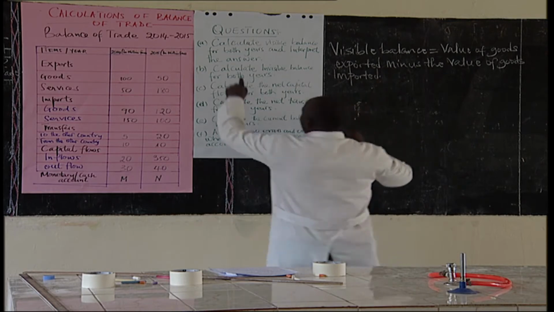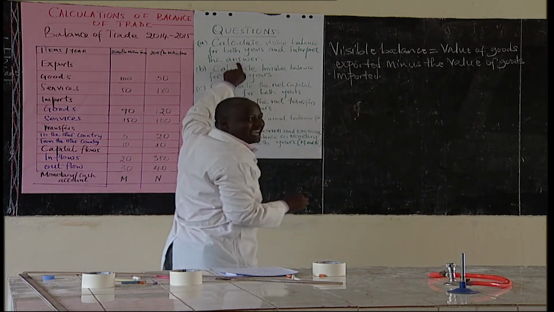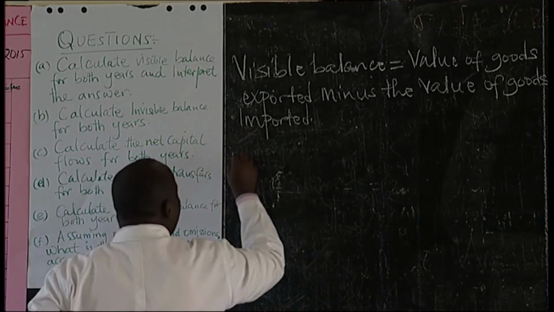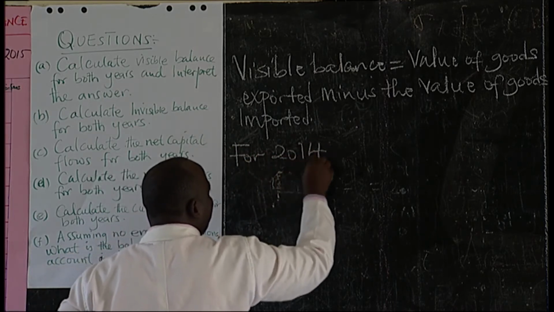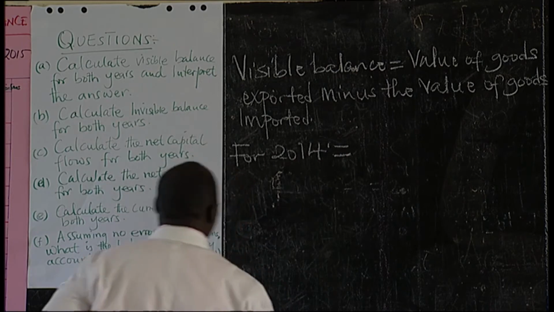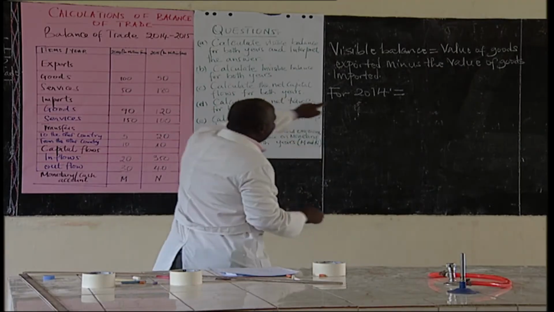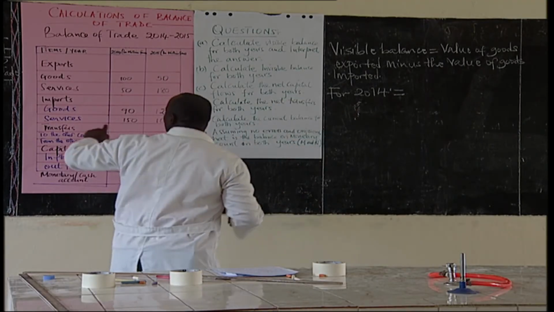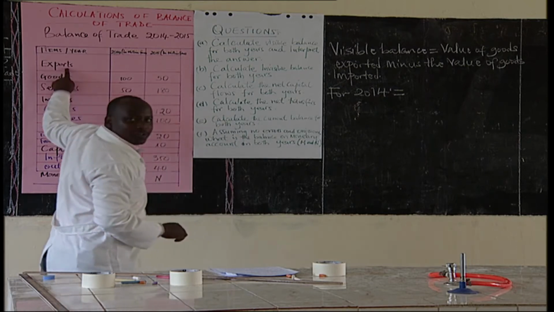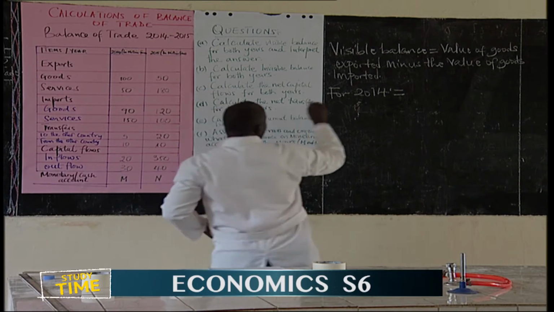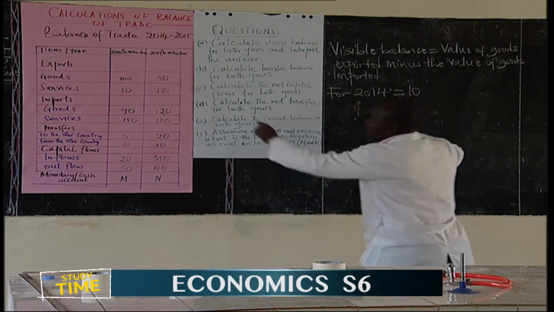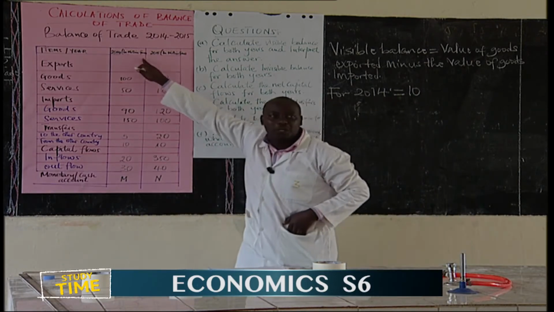The question is, calculate the visible balance for both years and interpret your answer. Let's begin with 2014. We get the value of goods exported in 2014, which is 100 million, because it is in millions, francs.